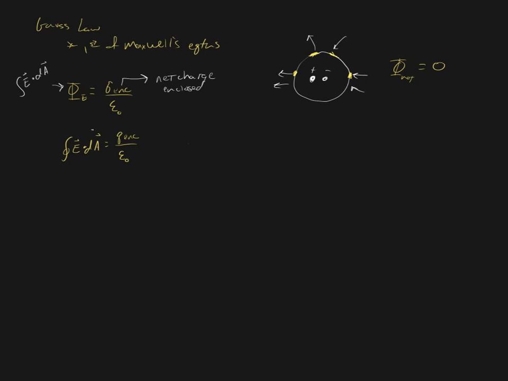Let's develop this a little bit more. If you recall from the last video, we said that E is defined by F over Q naught, and that we were going to take this and multiply it by 1, where 1 was just area divided by area.